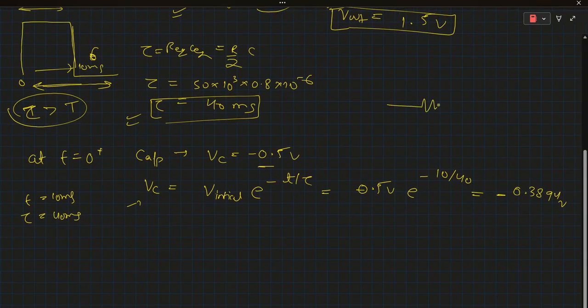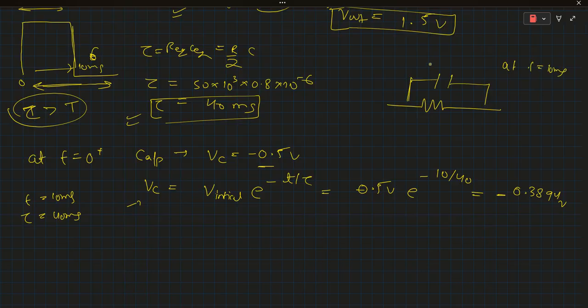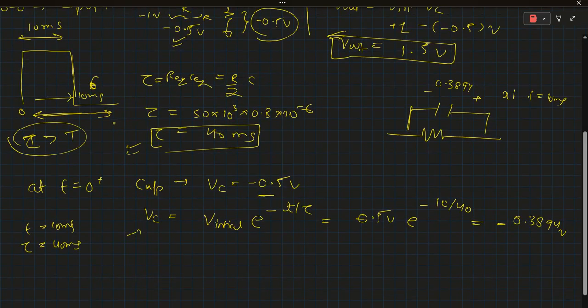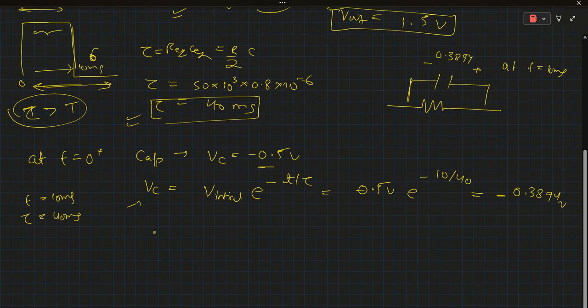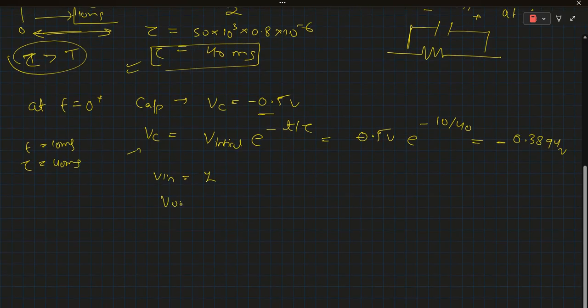So this is the circuit and this is the capacitor. At t equals 10 millisecond, the voltage in the capacitor becomes 0.3894. Okay, and at that time V in is 1 volt. So we can find out the V out.